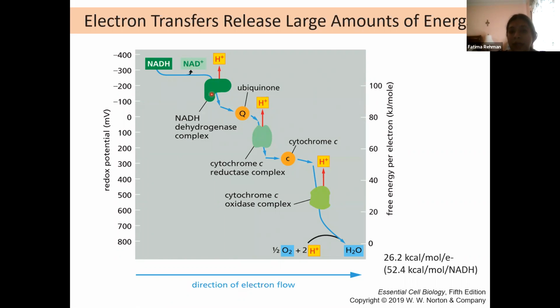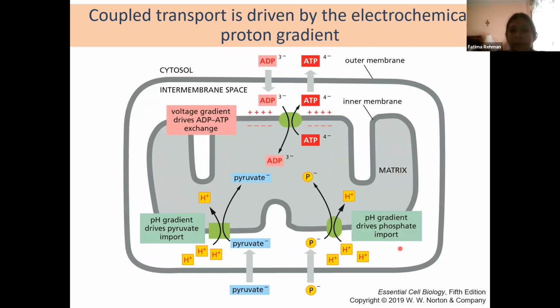From NADH to the NADH dehydrogenase, as you release that first proton and take those two electrons and put them onto the ubiquinone, you release a certain amount of energy that then gets further reduced as you go into the cytochrome C reductase complex, and further reduced as you take the cytochrome C into the oxidase complex. And then finally, when you end up with your water release, you are back to the basal levels, or all that potential energy has been released and converted into your ATP and the release of heat, which would be the lost energy.